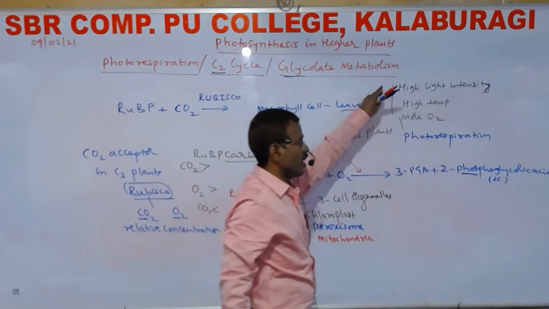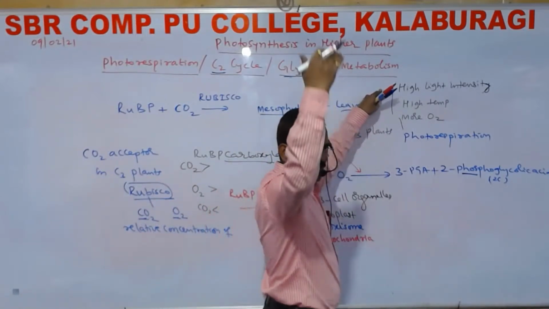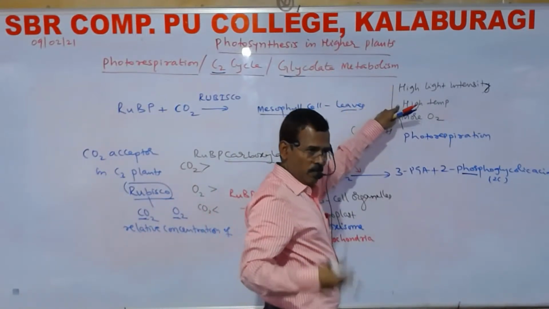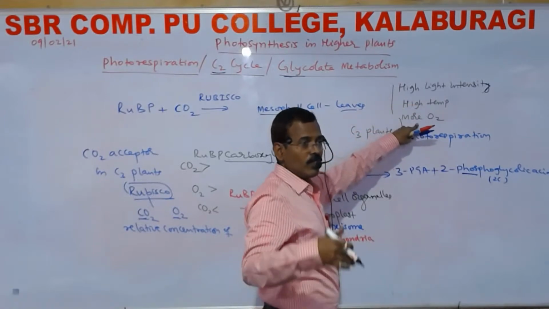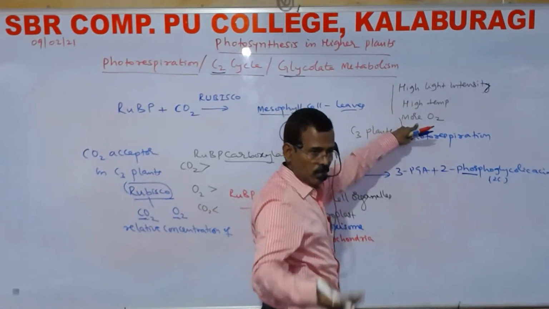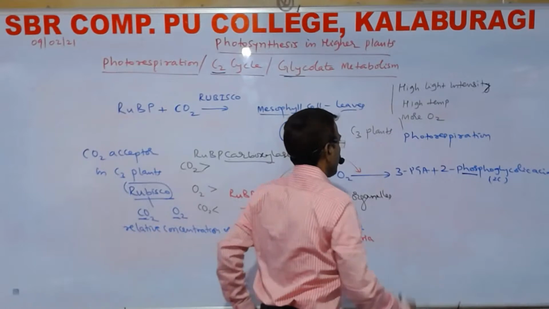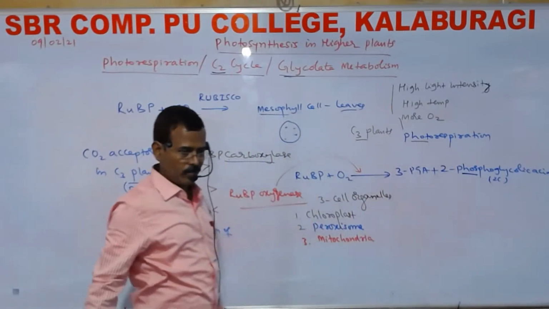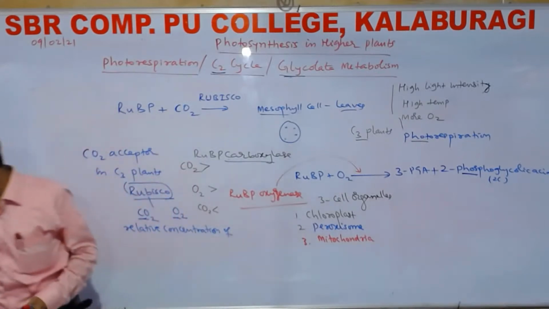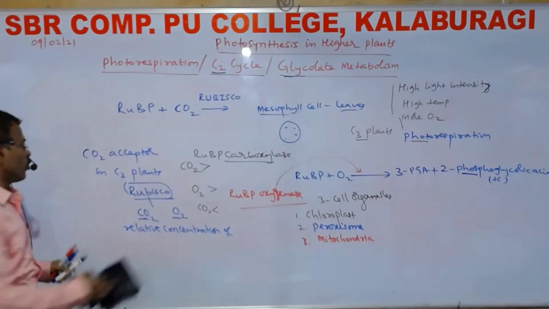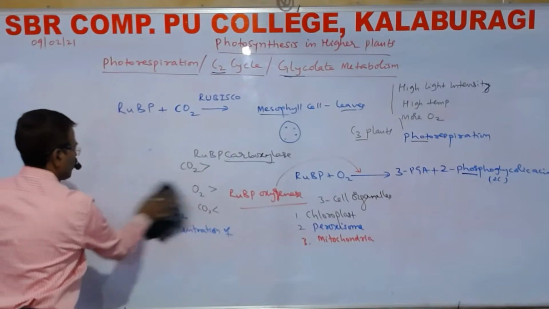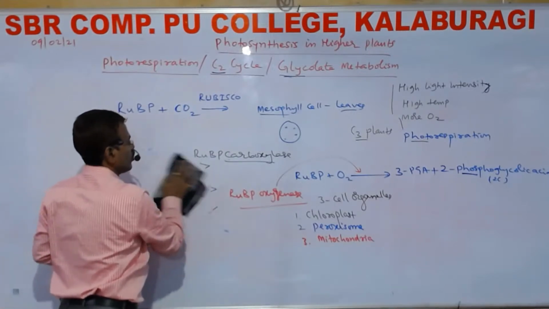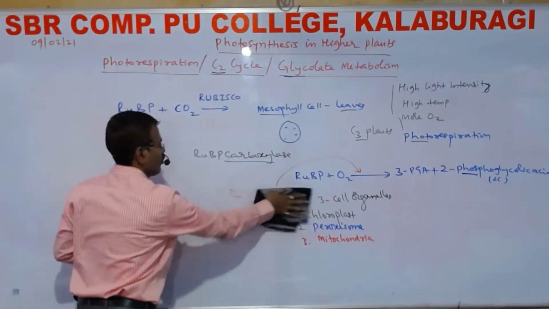High light intensity emitted from sun, high temperature, and presence of relatively more oxygen concentration can favor photorespiration in C3 plants. Now, C4 plants avoid photorespiration, we learned.